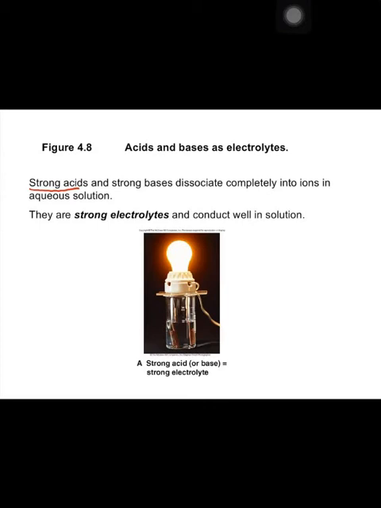Dia ionize completely. Yes, that's the keyword. Kita tahu concentration of H plus or OH minus are high because they dissociate completely. Okay, complete ionization.